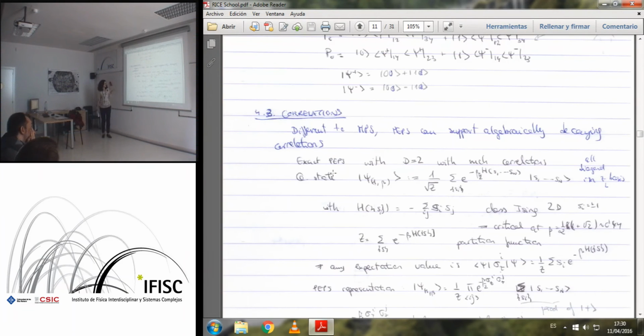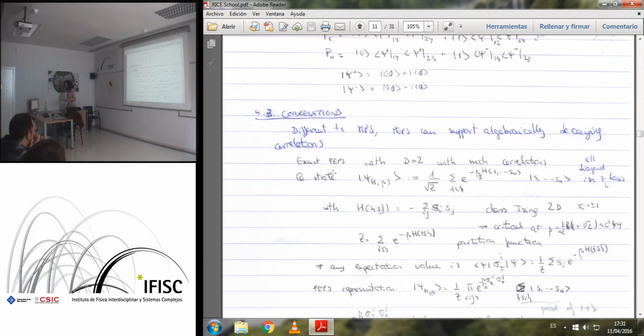So if you compute correlations, these will just give you the correlations in the corresponding thermal state of the classical Ising model, by construction, because it's a state designed to give you these correlations. Because this model is critical at that temperature, if you tune beta to the critical one, you will have critical correlations. This model is known to have critical, algebraically decaying correlations at this temperature.